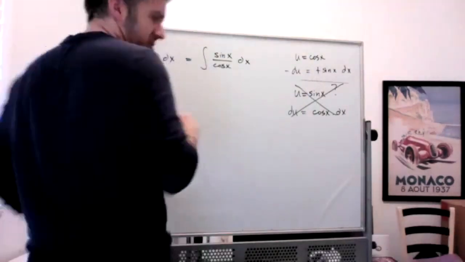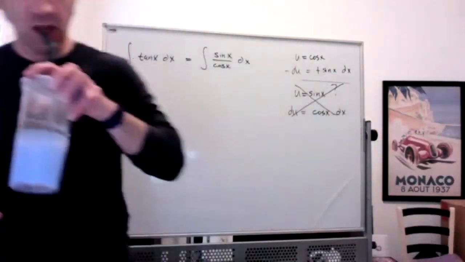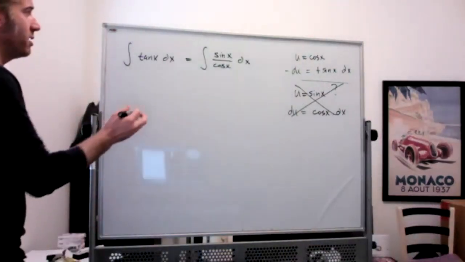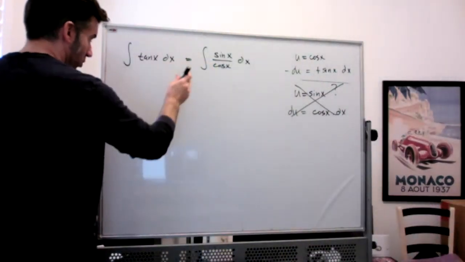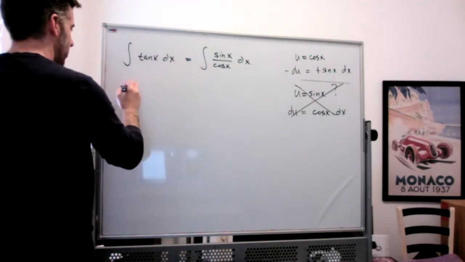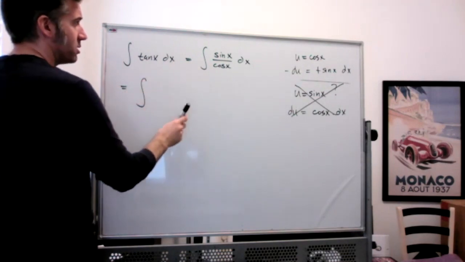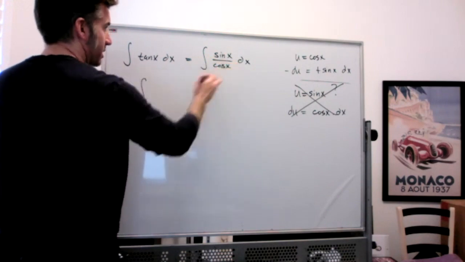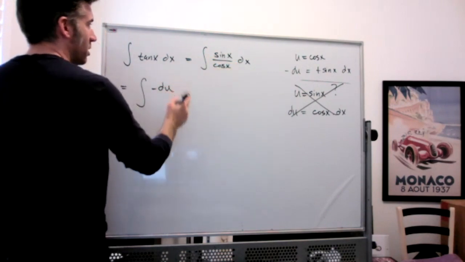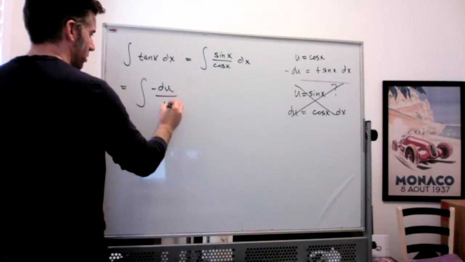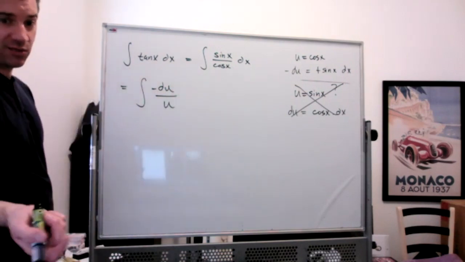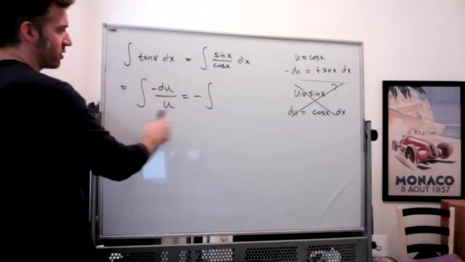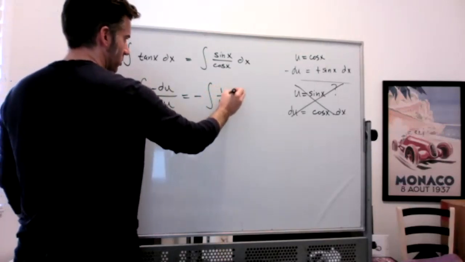So this is equal to the integral where sine of x dx is negative du, and cosine of x is just u. Personally, I like to rewrite this so that the negative is out front, and du over u is 1 over u.